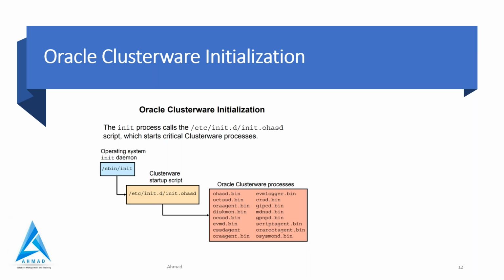Then after that your OHASD process will come into the picture. So for the cluster, you can say OHASD is the first process. But overall, you should say the init process, that is the OS process. Now clear?